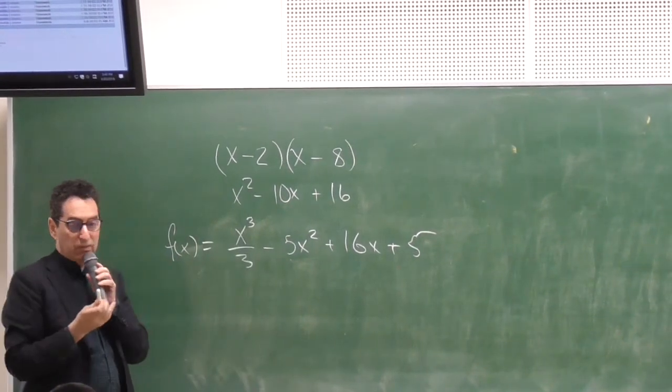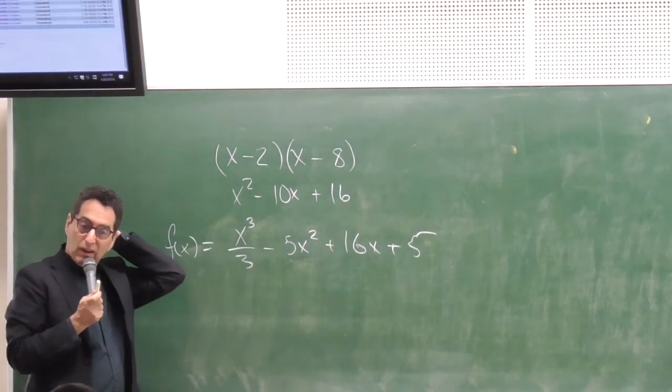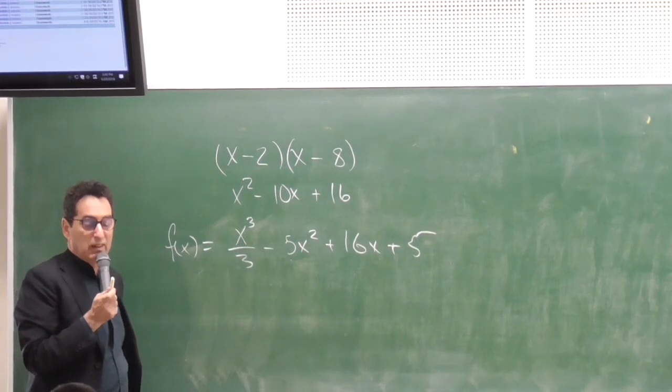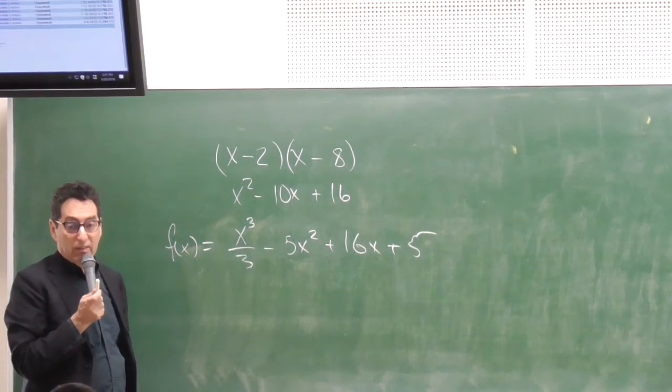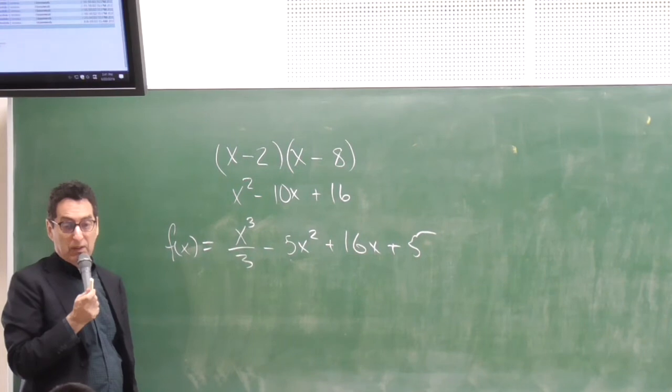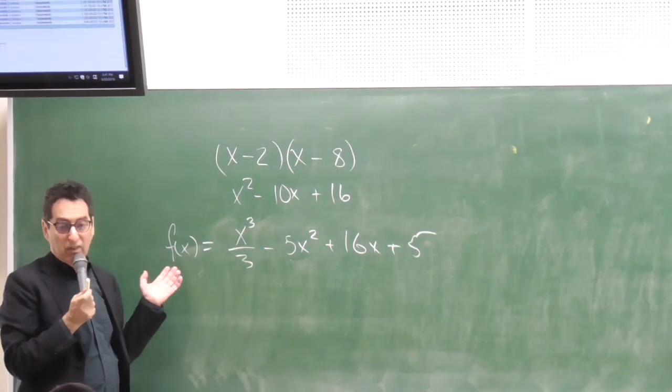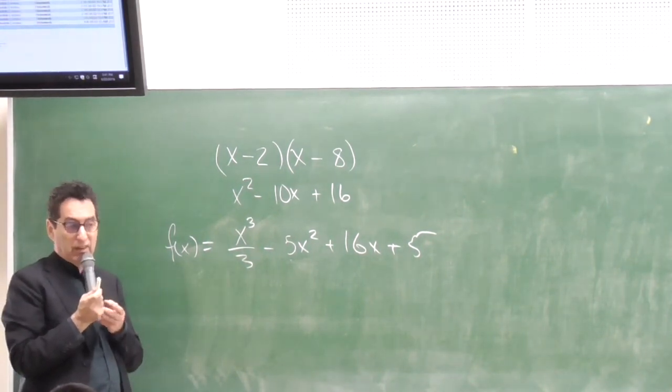Now, we don't have a picture for that, right? But how can we find the maximums or minimums, right? Usually, you don't have a picture. You just have a formula. And you have to find it.